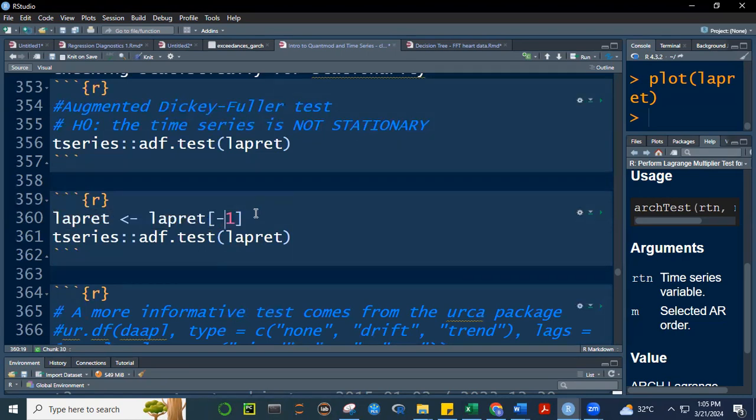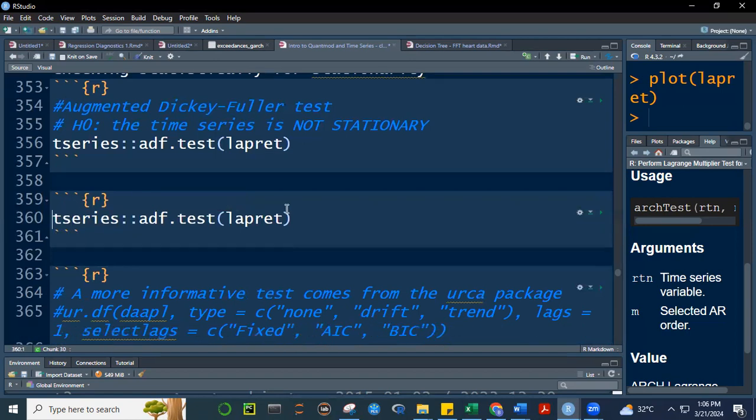This is wrong already, class. Now, why is this wrong? Because the log AP-RET, we already removed the first missing value. So if you're going to do this, we are going to remove again the first row, which is not an NA, class.